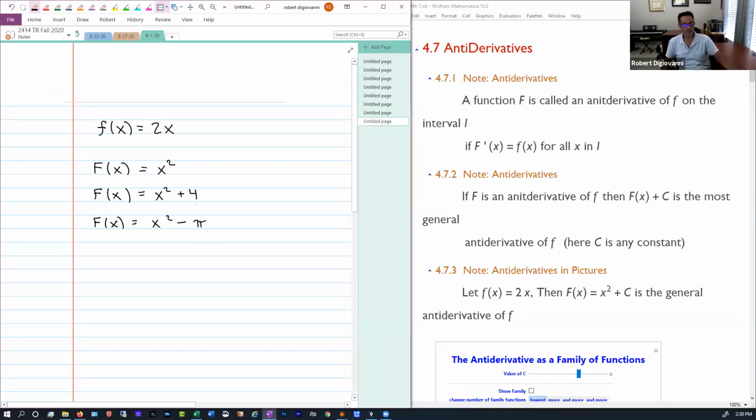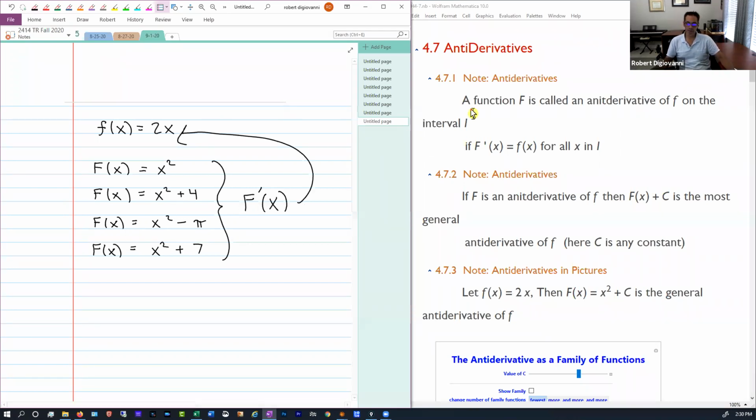Pi is a constant. Pretty much any function I could think of, as long as it had x squared, and as long as it had a number, either add or subtract a number, then if I ask you for the derivative of that capital F, you would tell me it's 2x, right?